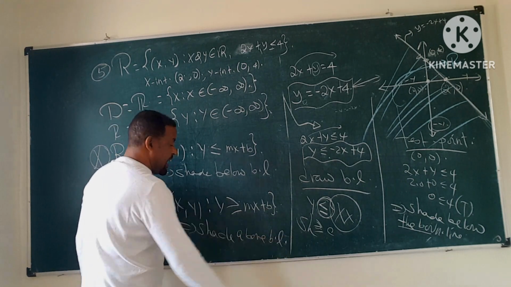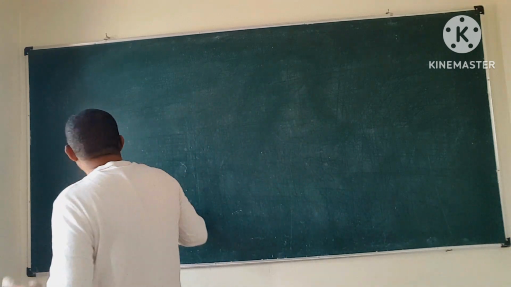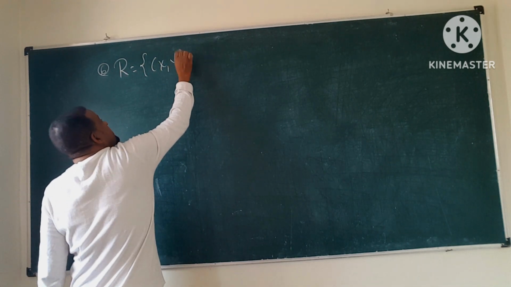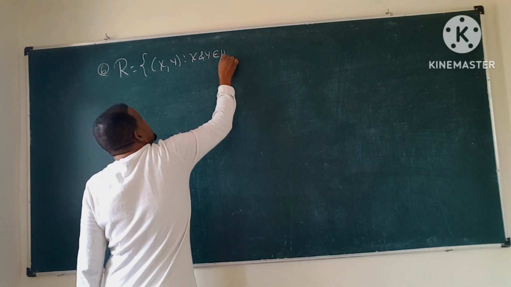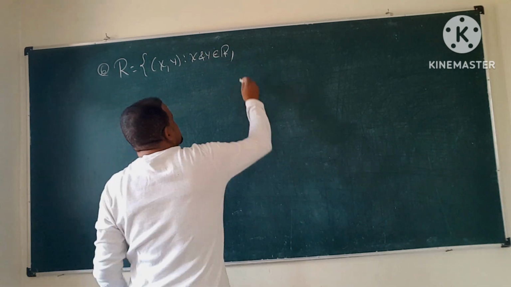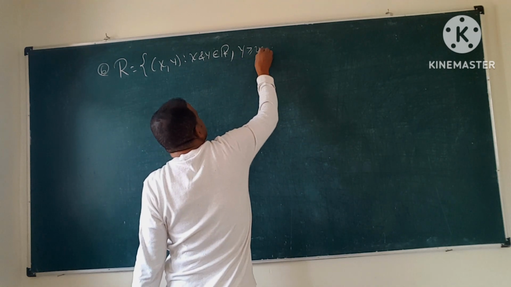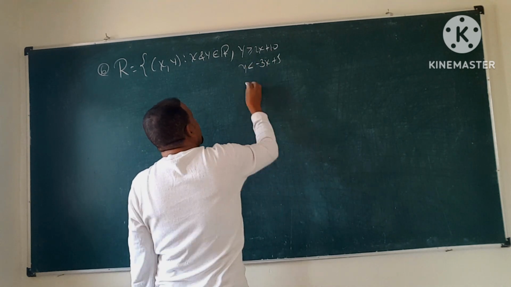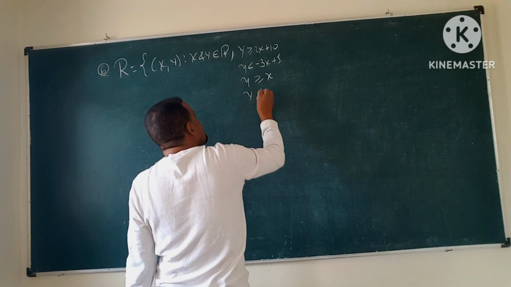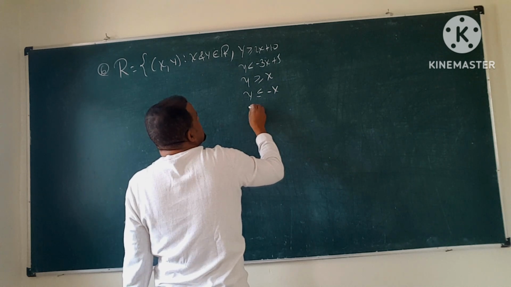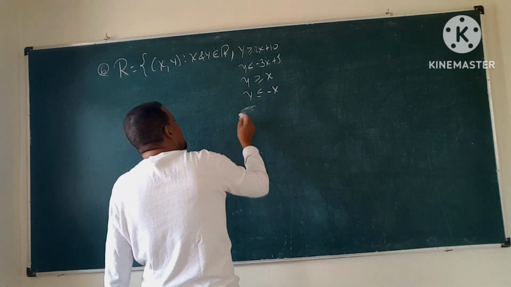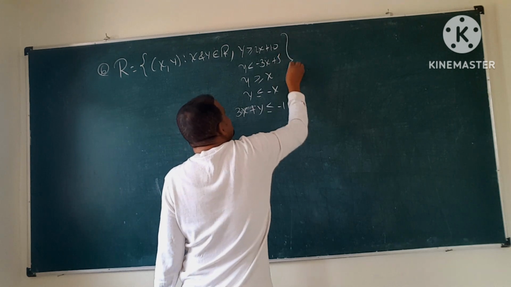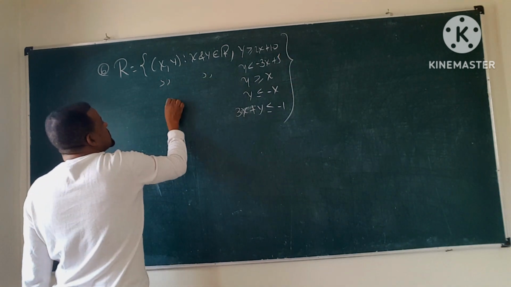Now, as I told you, do these. The same methodology. For example, R is equal to the set of all pairs of x, y such that x and y come from the set of real numbers. I will list some relations: y is greater than or equal to 2x plus 10; y is less than negative 3x plus 5; y is greater than or equal to x; y is less than or equal to negative x; 3x plus y is less than or equal to negative 1. Work on each of these separately.